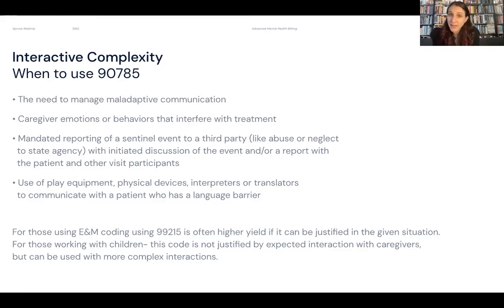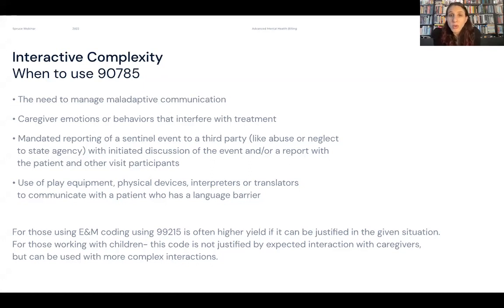However, if you had a situation where, for example, you had divorced parents and one of the parents objected to your care plan and you needed to negotiate between the two parents and try to form some consensus about what care plan made sense, that kind of situation does fall into interactive complexity, and that would be a time that you would want to add that code.